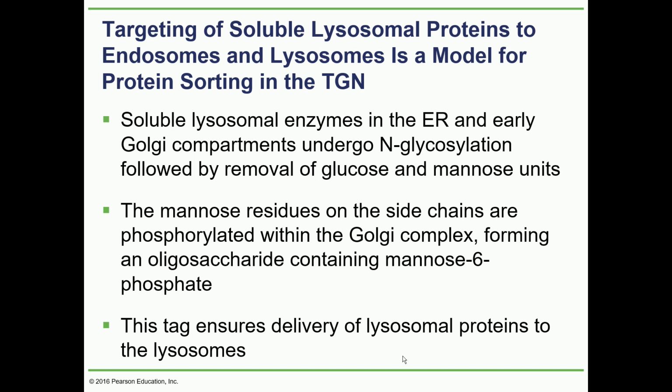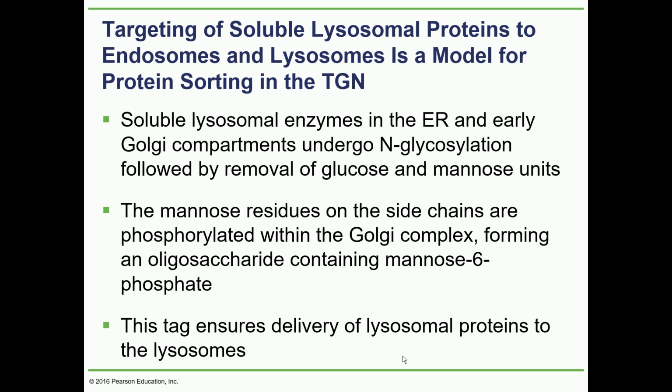They are formed by the fusion of endocytic vesicles or phagocytic vesicles with the secretory vesicles which are coming from the Golgi. In the Golgi apparatus, some enzymes are made, and those enzymes are the lysosomal enzymes.